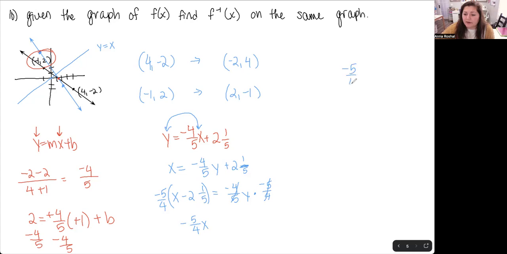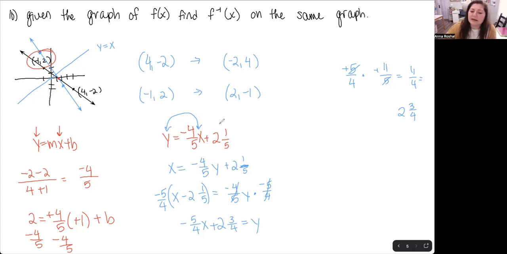So I have -5 over 4 times -11 over 5. So the 5s will cancel, the negatives will cancel, and I'll end up with 11 over 4, which is 2 and 3/4. So plus 2 and 3 over 4 equals my y. And then go in and graph that. But that is a really gross thing to graph.